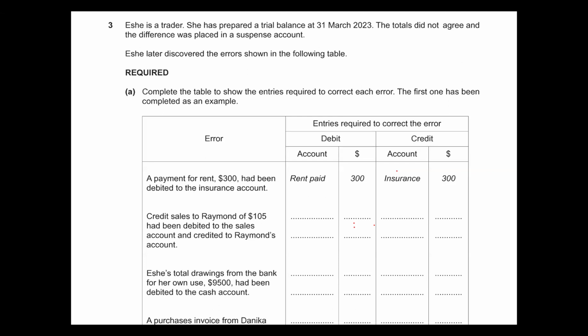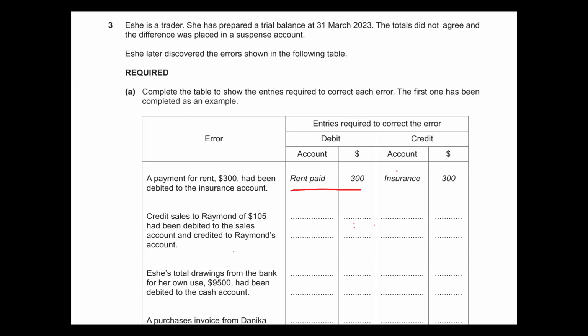We know both of them are expenditure accounts, but this is the wrong account. If you're paying for rent, you have to record in the rent account. And so the example shows that to correct this error, you have to debit the rent account and credit the insurance account.